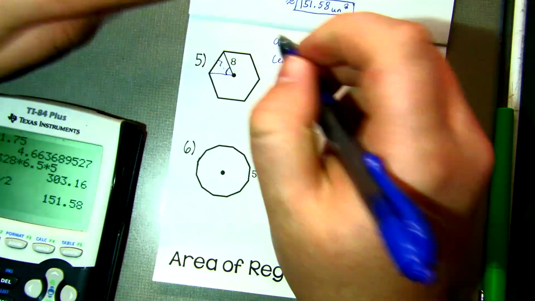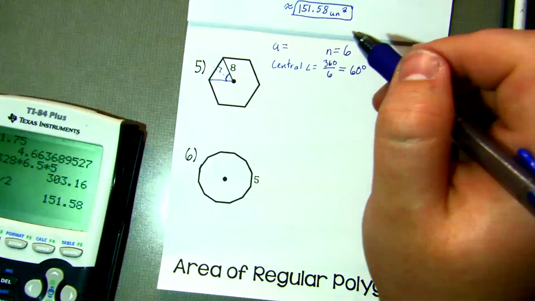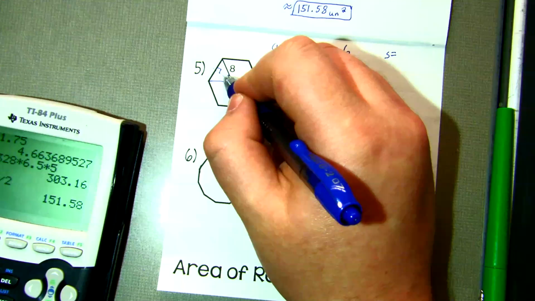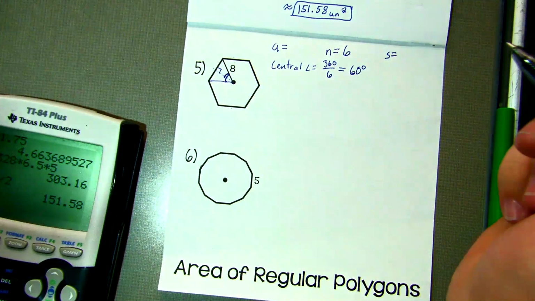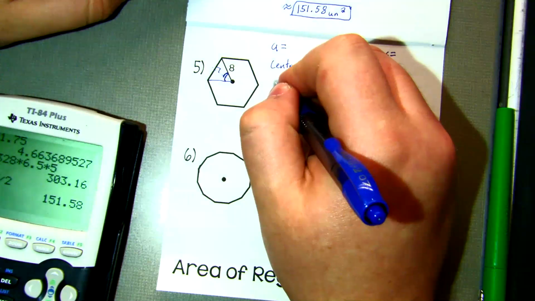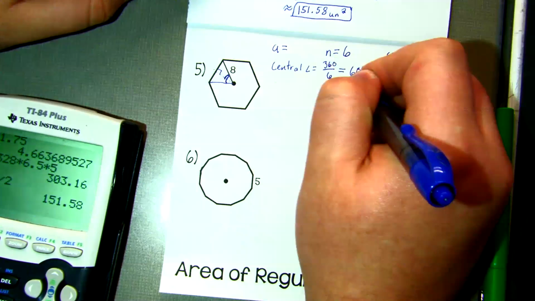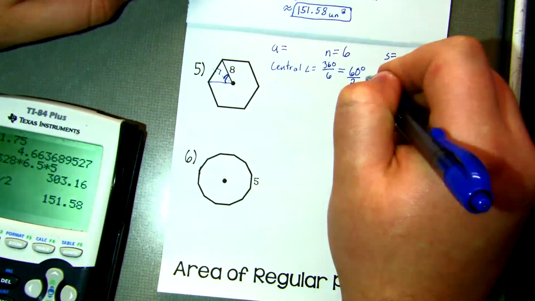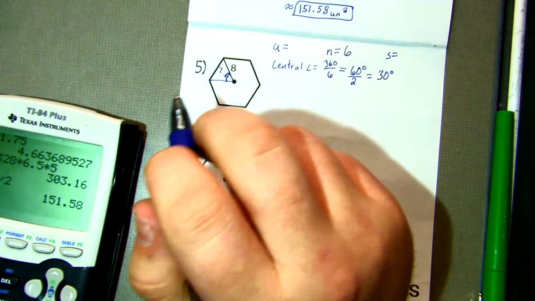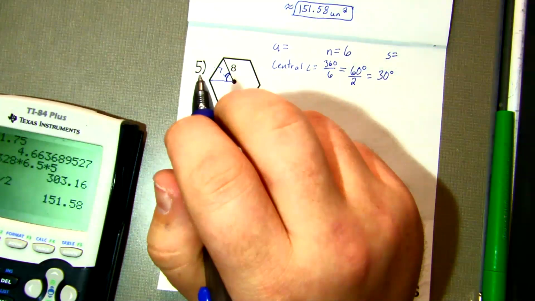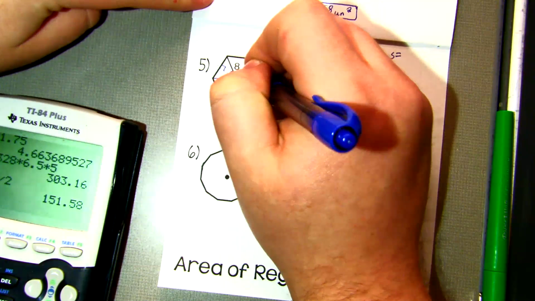degrees. So this whole thing's 60 degrees, but we generally only want half of it. We want that second piece right in there. So we're going to take this 60 and divide it by 2, and we get 30 degrees. So this angle here is 30 degrees.